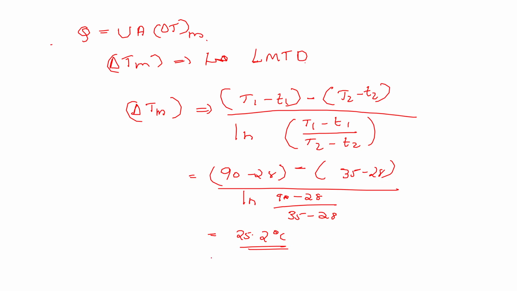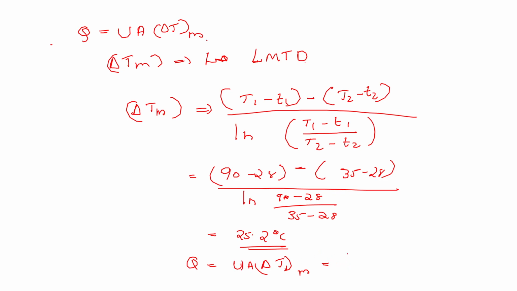Now you have to calculate the Q value. So it will be U A delta Tm. Now all the details are available. Here you have to calculate the U value.